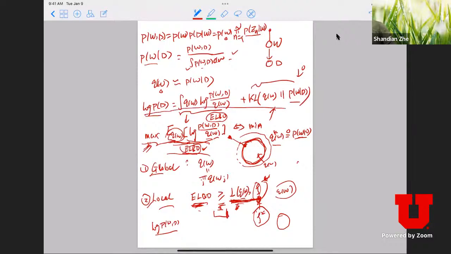But this gives you the structure to allow you to do this in this whole framework. And this is that, under this bound, you use the same set of techniques to get a further lower bound to make the computation easier. That's why it's called local. For the local one, we find a function that has an extra variable, and we know that maximizing over that extra variable gives us the original function.